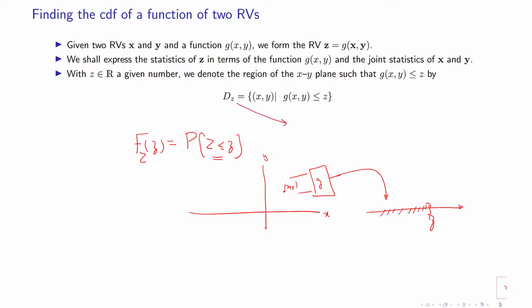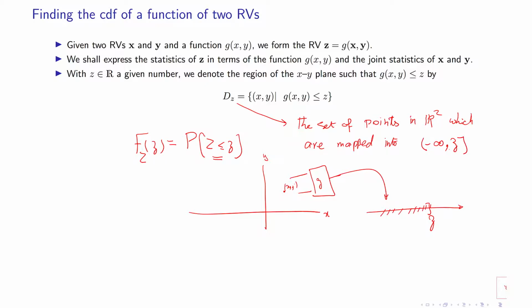So this D_z is the set of points in the XY plane, or in R2, which is this 2D plane, which are mapped into this interval from minus infinity to the point z.